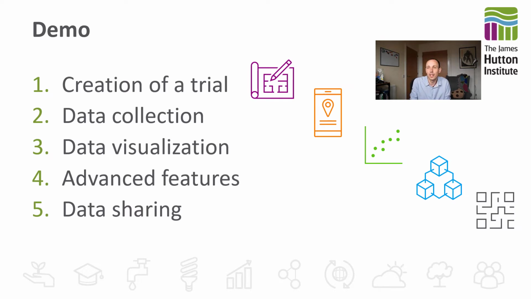I will then show how to collect data using GridScore, followed by a demonstration of some of the visualizations we added. After that, I'll showcase some of the more advanced features, and finally I'll show how to easily share trial configurations and the actual data between devices within just a few seconds.